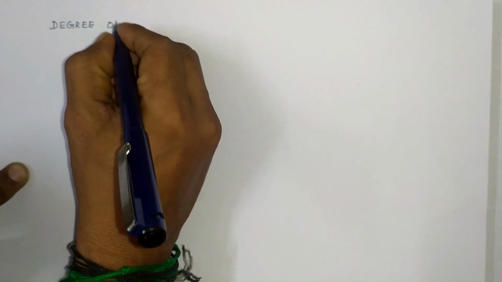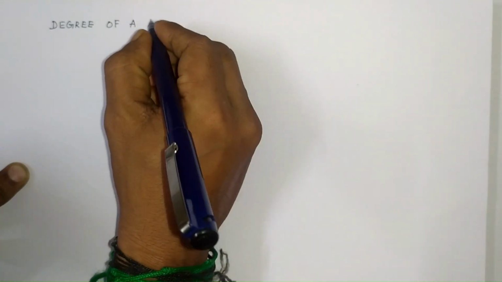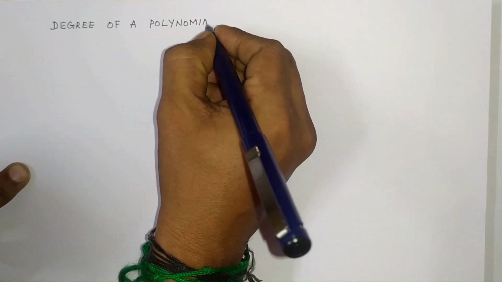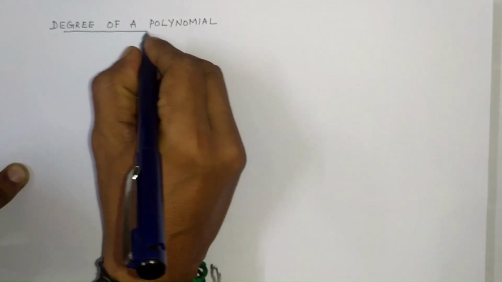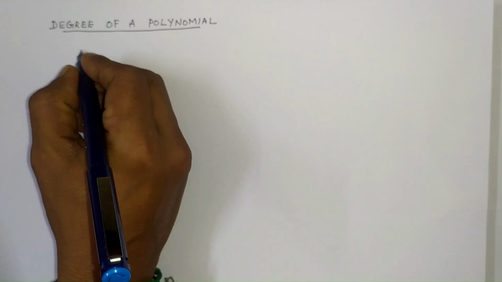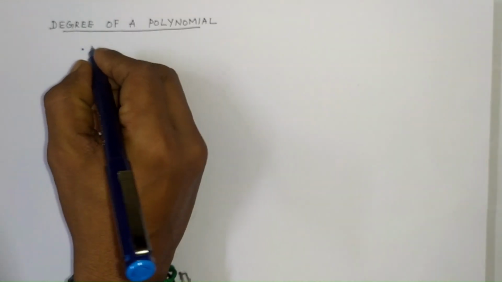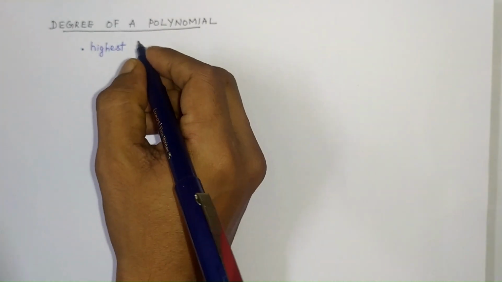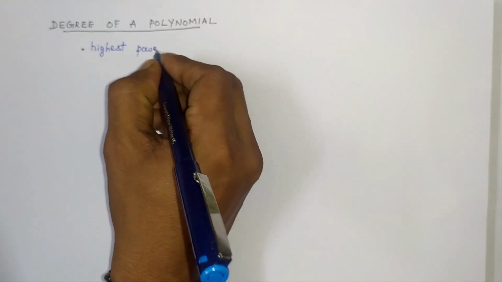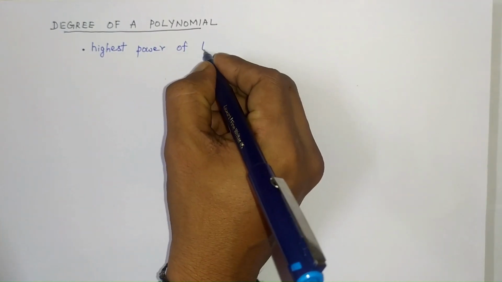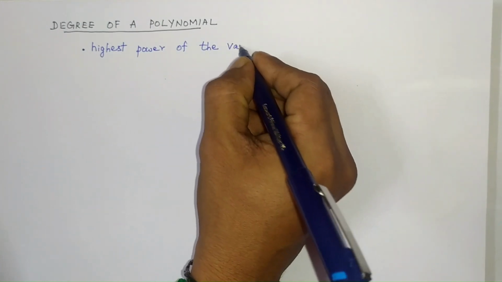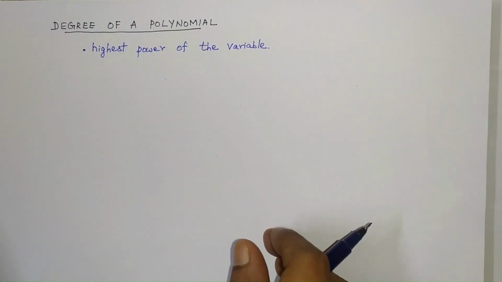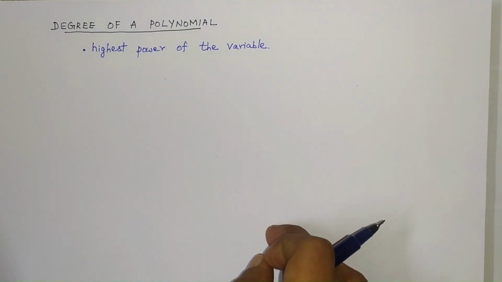A degree of a polynomial is nothing but the highest power of the variable. It is defined as the highest power of the variable, that is called the degree of a polynomial.